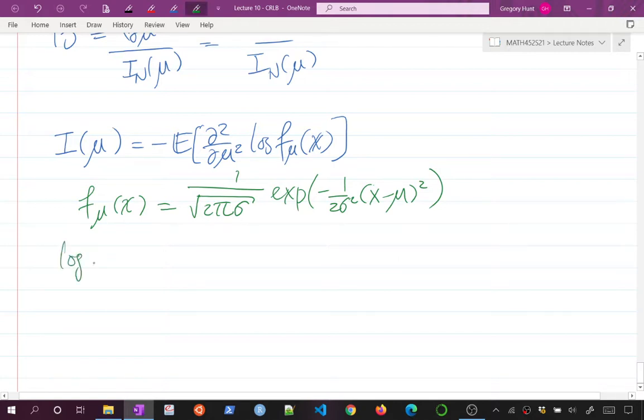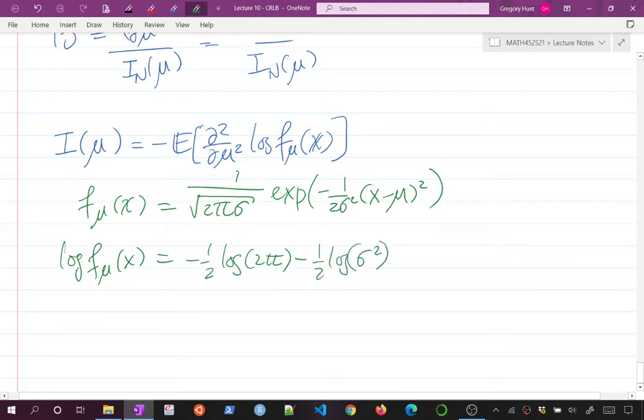So the log of this PDF is, let's say, negative, oh boy, I'm going to skip some steps. You can verify this is correct. Negative 1/2 log 2 pi, that takes care of the 2 pi part, minus 1/2 log of sigma squared.